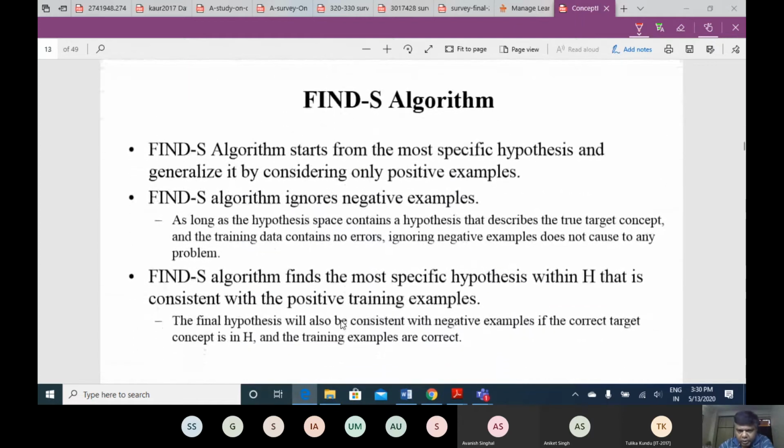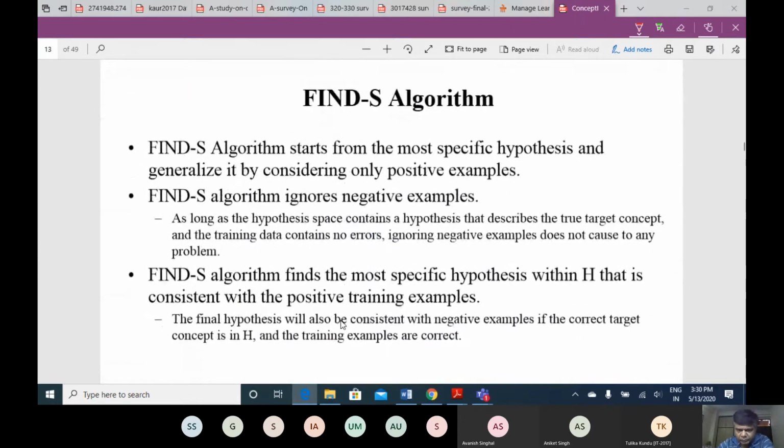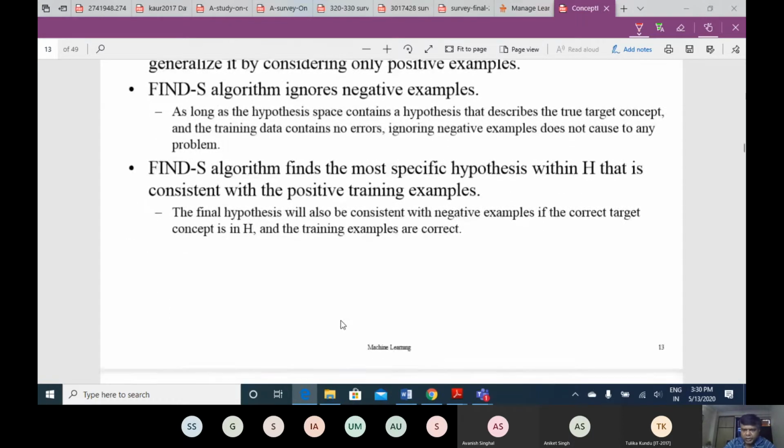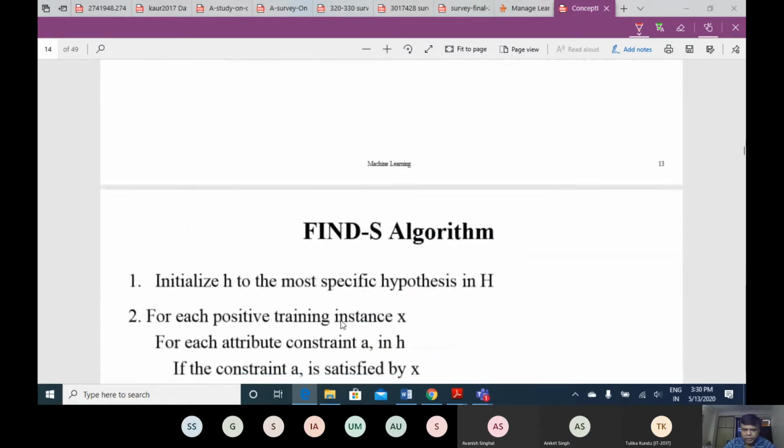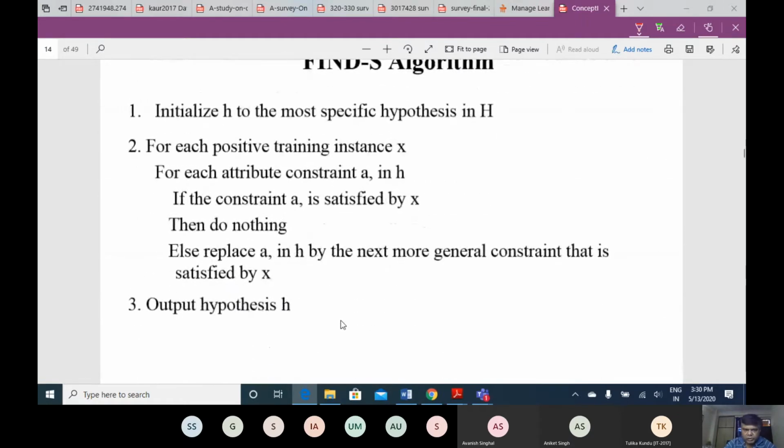Now, there is an algorithm, the Find-S algorithm, where you want to find a hypothesis which defines a particular concept based on given examples. It starts from a very specific hypothesis and keeps on making it more general, and finds a particular hypothesis which is more general.